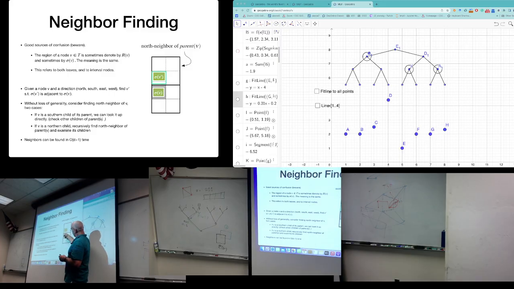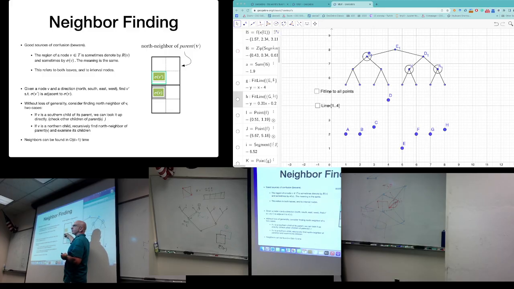So sometimes I want to find, for node V, the node with the same size which is just on the north side. If there is such a node, it is unique.